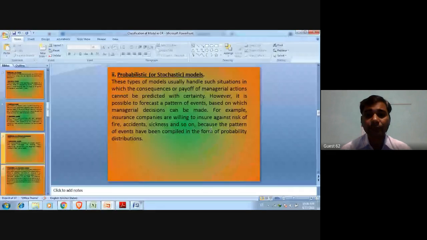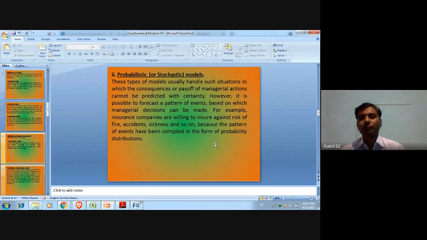Okay. For example, insurance companies are willing to insure against the risk of fire, accident, sickness, and so on because the pattern of events has been compiled in the form of a probability distribution. Actually, when the insurance company makes insurance, suppose that you are taking insurance for your car or any vehicle that you have.